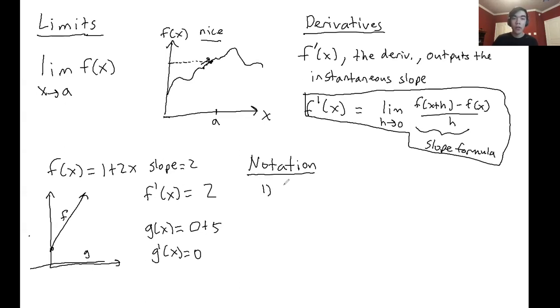One, we just use that prime method I used before. Another one is I use d over dx and then of f of x. What this notation means is this d over dx thing on the left is like an operator we apply to f of x.